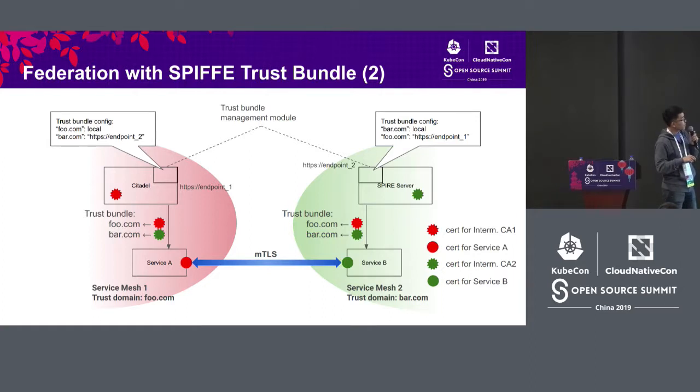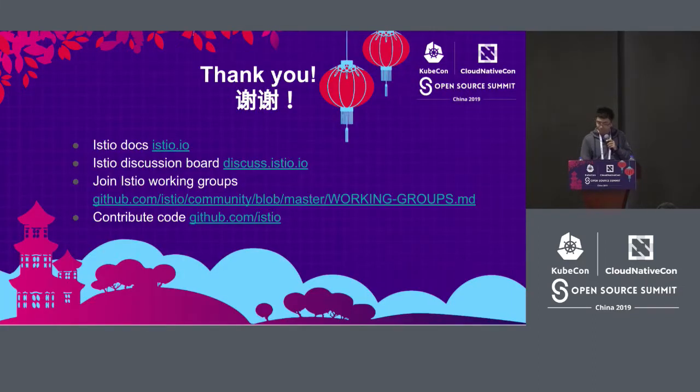And then it will see the trust bundle, and see, oh, for foo.com we should use this red certificate to verify. And then it will try to use its own root certificate. And it will figure out, oh, it's wrong. It's not signed by this one. Then this handshake will fail. So that's how identity isolation works in the service federation, the mesh federation scenario. Okay, so I think that's it.